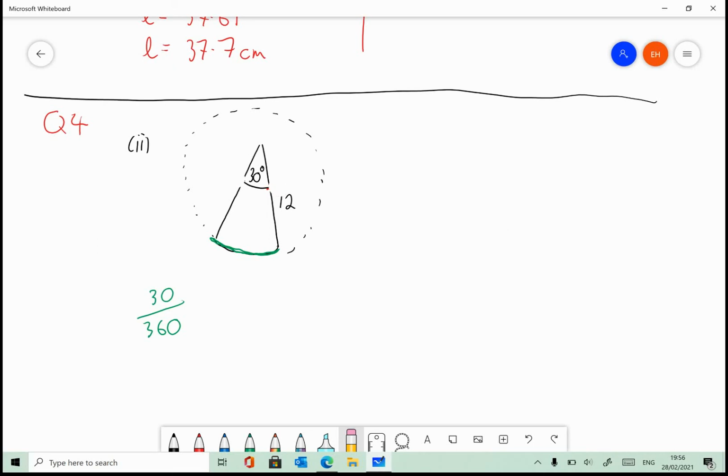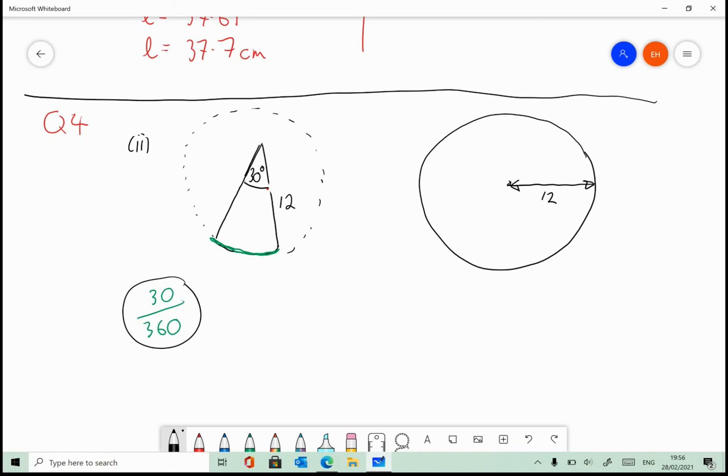Okay, so that's kind of nice. So we know that if I find the circumference of this circle, whose radius is 12, and then work out this fraction of that length, well, that will be my answer. So that's the strategy we're going to use, okay? Right, so we know that the length of a circle whose radius is 12 is equal to 2 times pi times 12.